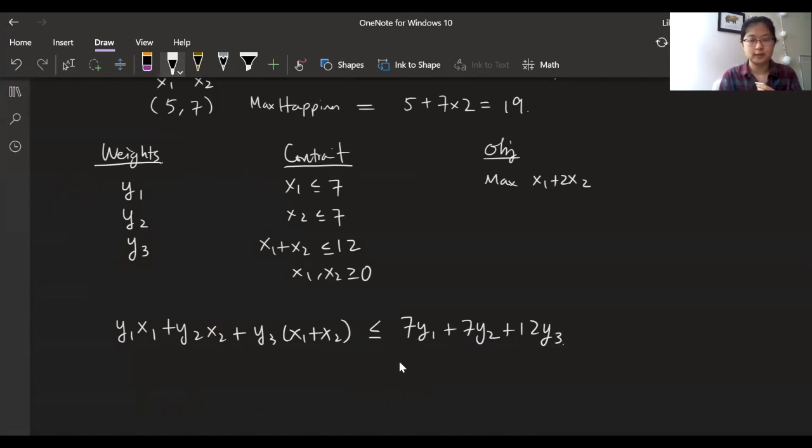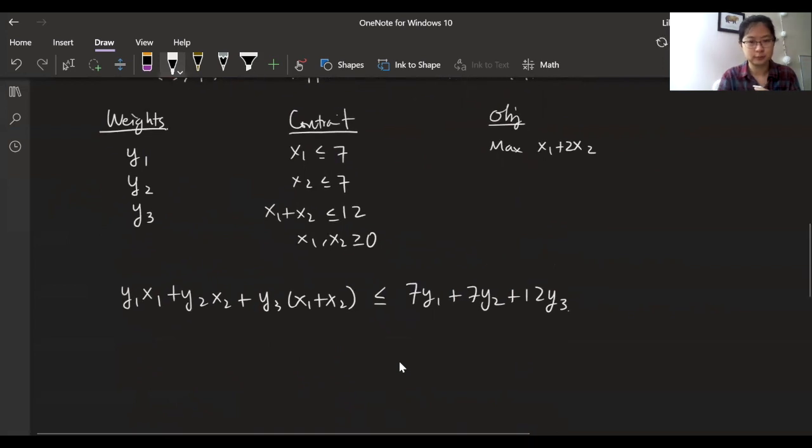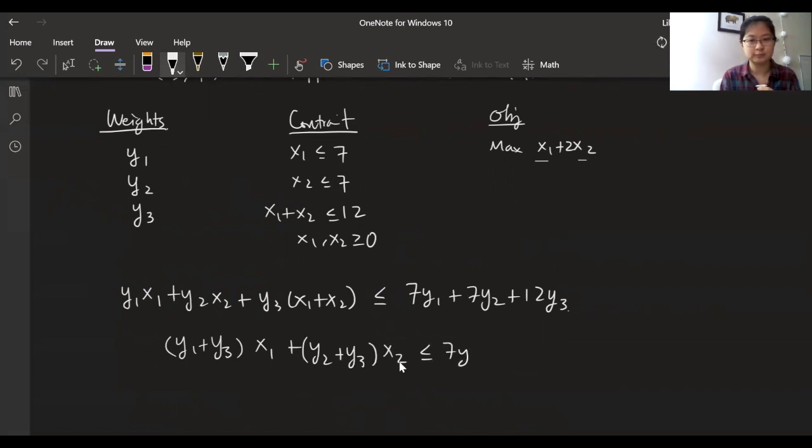This is what we get when we weigh these things. But let's reorganize this left side a little bit so that we have coefficients for x1 and x2, since we're ultimately interested in them. So we'll take y1 plus y3 times x1, and then y2 plus y3 times x2. And on the right side, we keep everything the same as always.